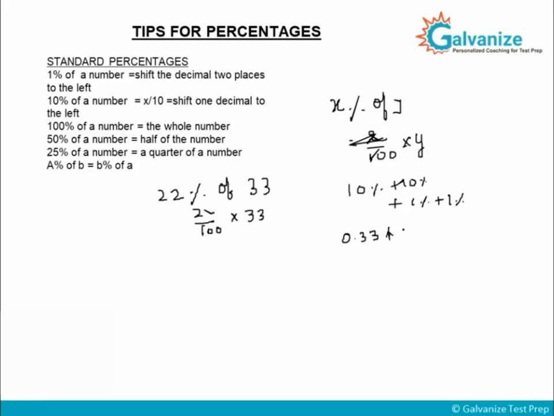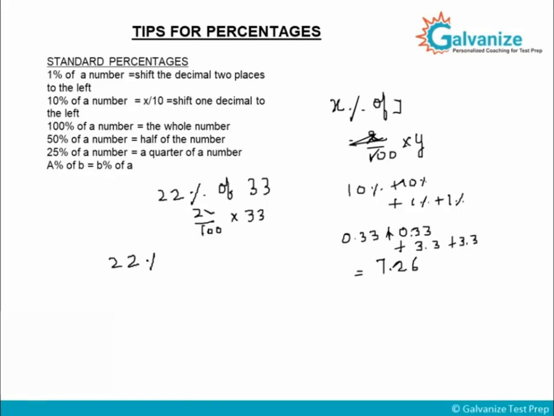Again 10% will be 3.3. And then 1% will be 0.33. Again 1% will be 0.33. Instead of the multiplication, division, all those things, the answer is nothing but 7.26. I've just boiled it down to simple addition because of these standard percentages.